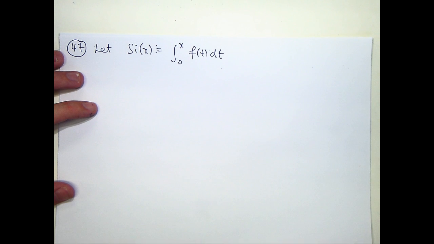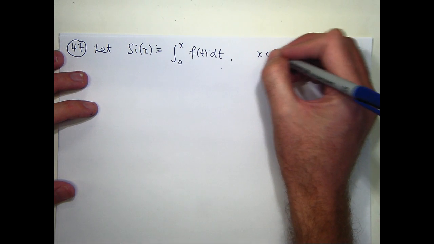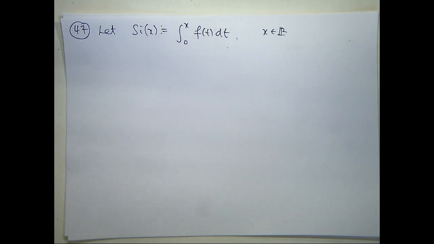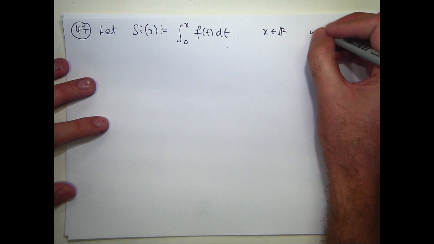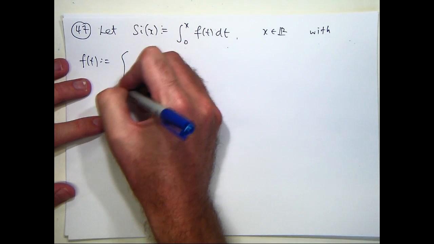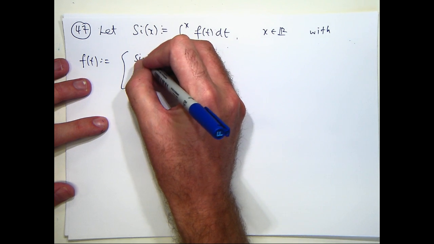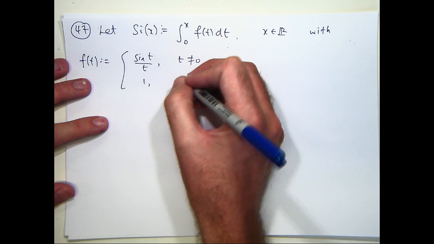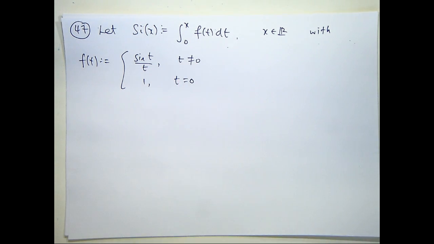All right, so our function is defined in the following way, the psi function. Now, this little f of t is defined this way.